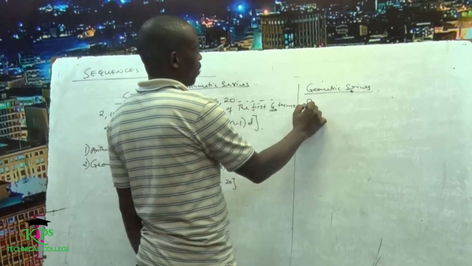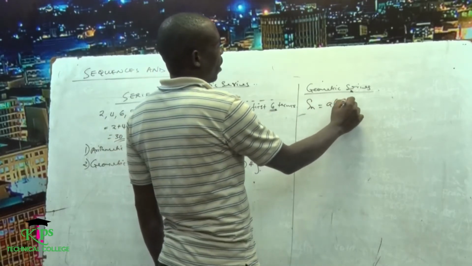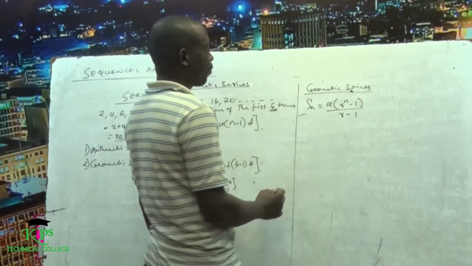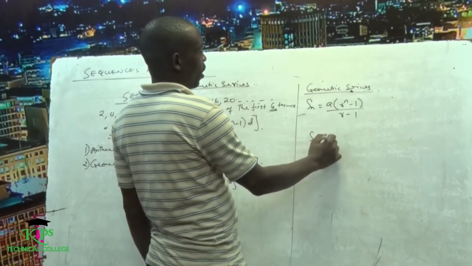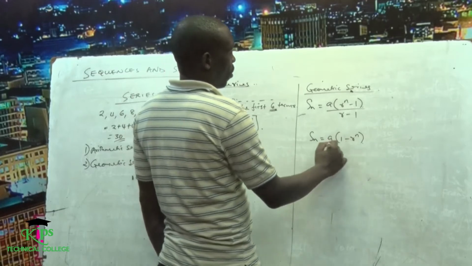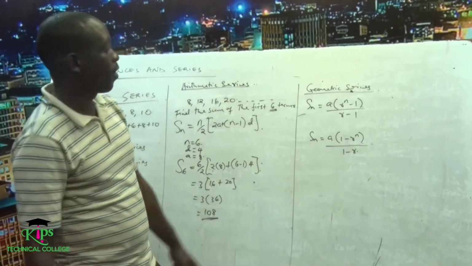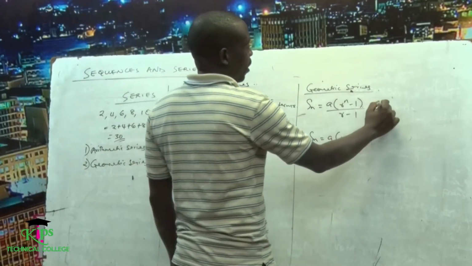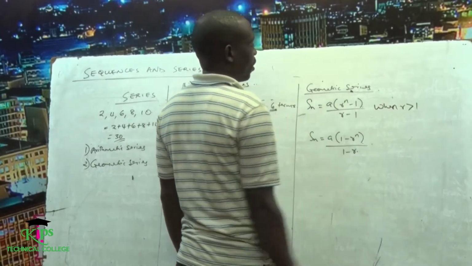The first one: Sn equals a times r to the power n minus 1, over r minus 1. The second formula: Sn equals a times 1 minus r to the power n, over 1 minus r. The first formula is normally applicable when r is greater than 1.